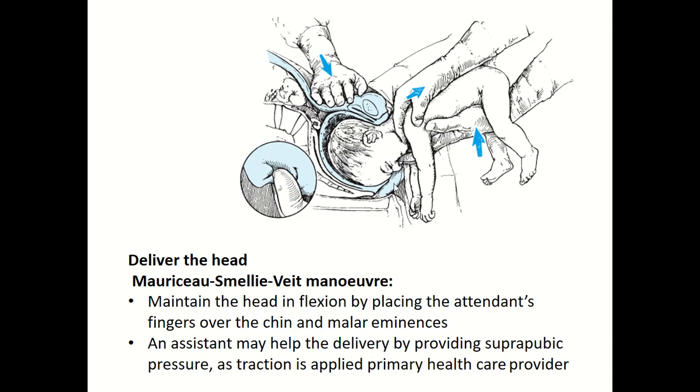So one finger will be on the chin and then on the molar eminences, and then your assistant may help in the delivery by providing suprapubic pressure.